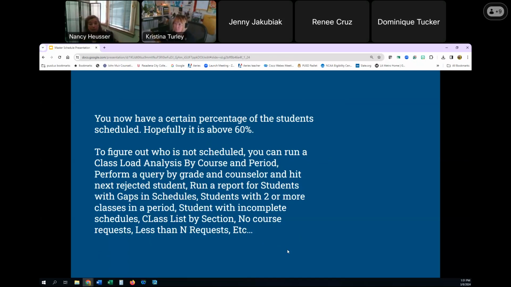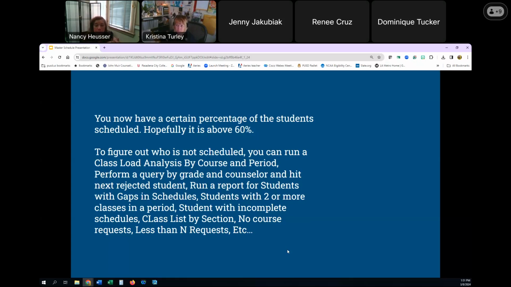You'll have to go back now, and there are quite a few reports that you can run that will help you. You can run a class load analysis by course and period. You could perform a query by grade and counselor, and for that one you just hit next rejected student and work on it one by one.